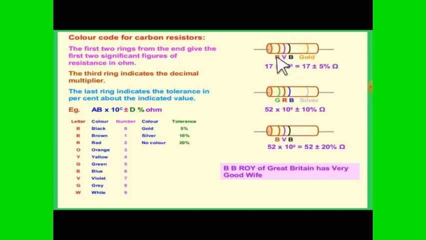So let's try to find out the value of a given resistor by observing the different colors.